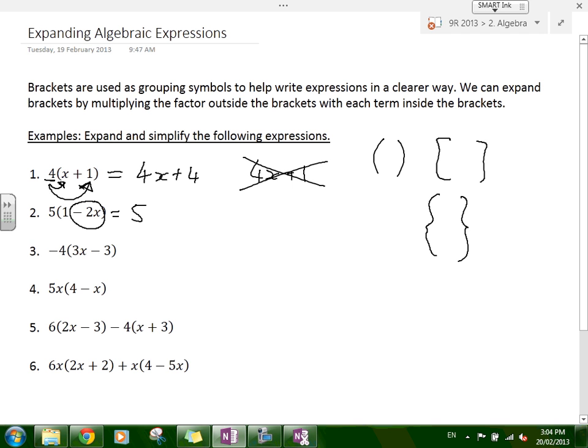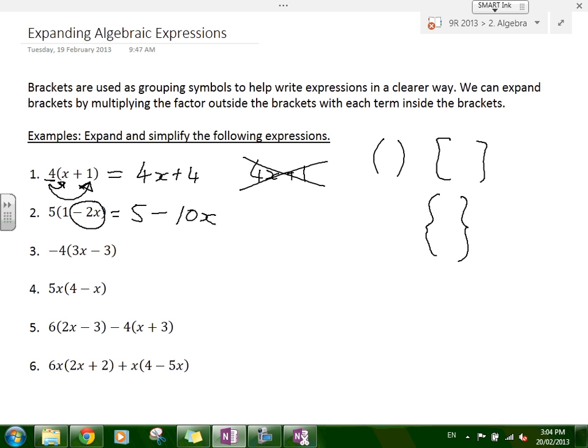Okay, if it's going to be negative, the negative sign will be part of that term, which means it's going to be something minus something. So what's 5 times minus 2x? Minus 10x. So it's just simply 5 minus 10x. And you see that the term is minus 10x, but the operation between them is also minus. Okay, so think of it as individual terms as the expander. This one is 5 minus 10x.